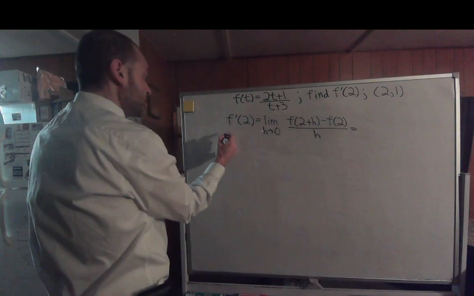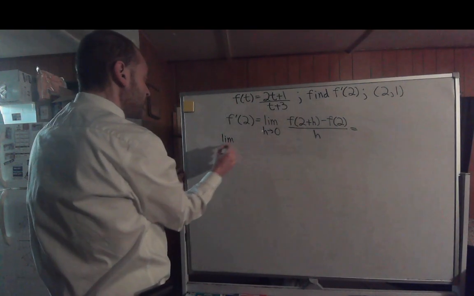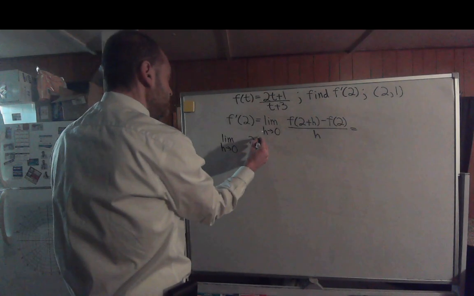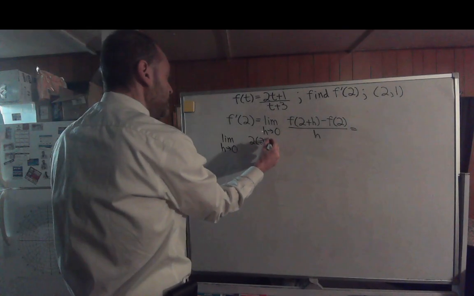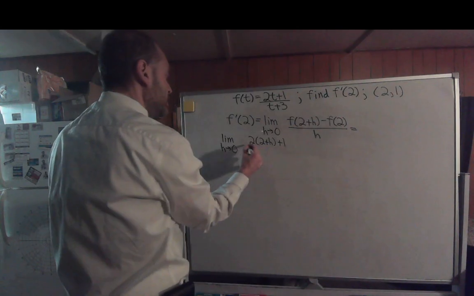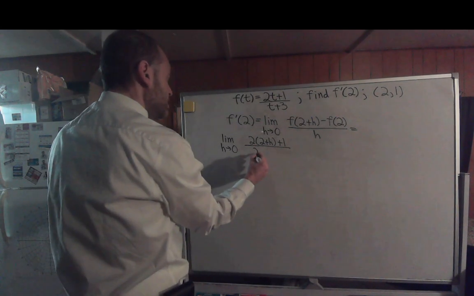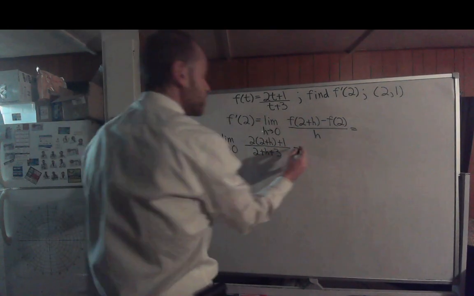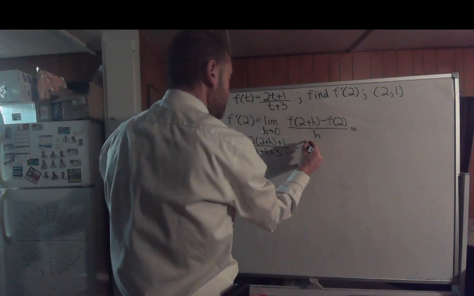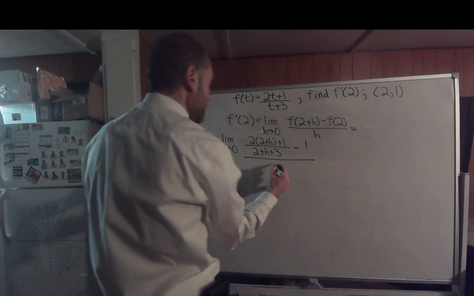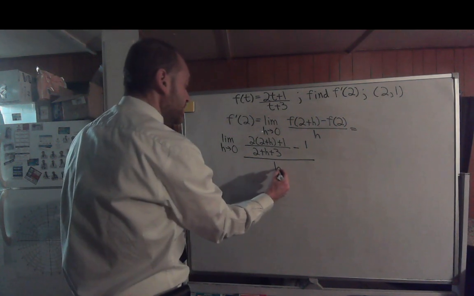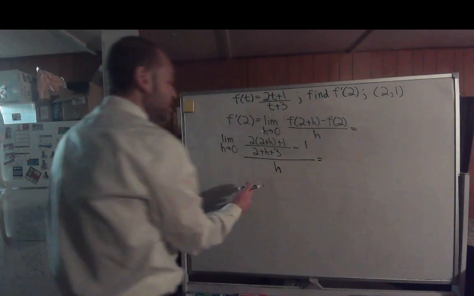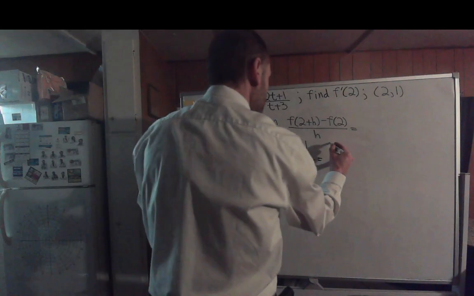So this would turn into the limit as h approaches 0 of 2 times (2 plus h) plus 1 all over (2 plus h) plus 3, all that minus your f of 2, which is 1, all over h. And as we see, we're going to end up with a complex fraction. Well, that's all right. We'll deal with that when the time comes.